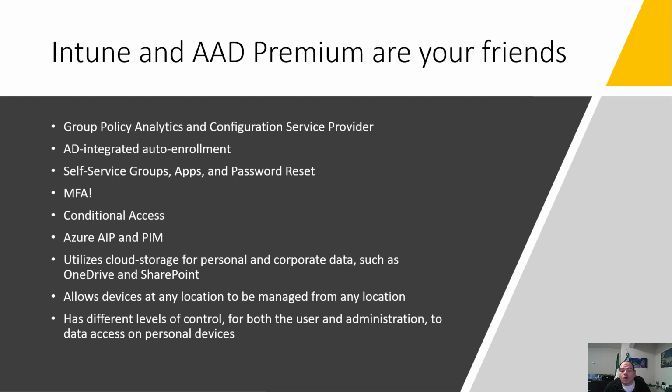AAD Premium, there's 2 levels, P1 and P2. P1 will get you most everything that you need to do this properly, but there are a couple of things that P2 will give you over and above, and I'll get into those in a second. So self-service groups, apps, and password reset.